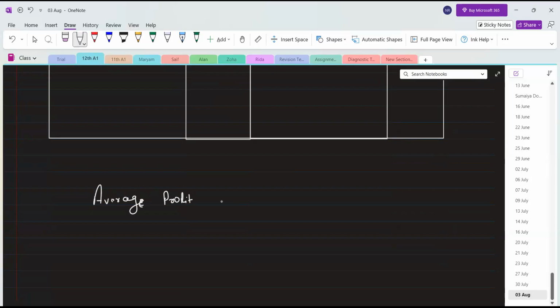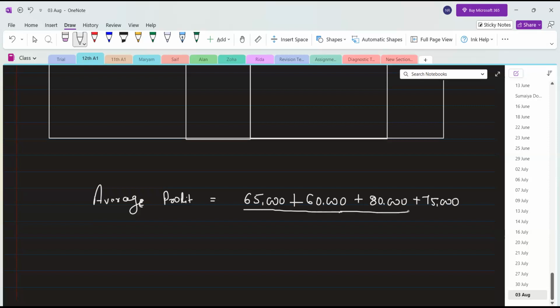Average profit is given in the question 65, 60, 80, and then 75 divided by 4.